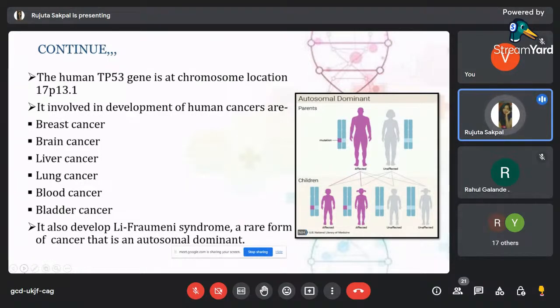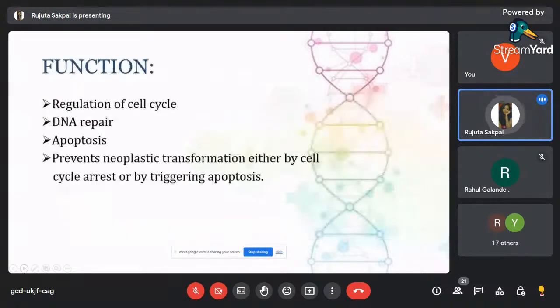Then let's see the functions of the tumor suppressor protein. The first function is the regulation of the cell cycle. In cell cycle control, the task of P53 is to control the signaling pathway that conveys the modifying activities of P53. It ensures the genetic identity of cells and prevents the selection of abnormal cells. Second is DNA repair.